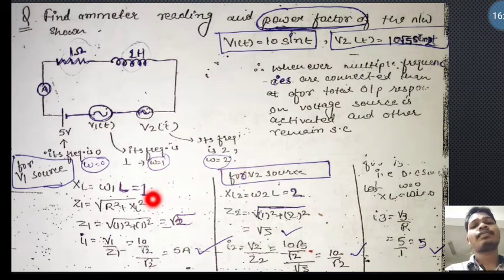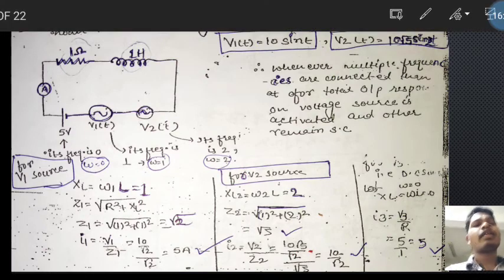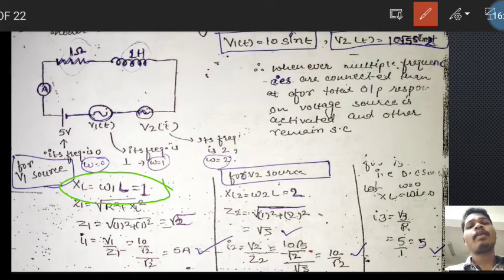Okay, so here XL is equal to omega L. In V1, if we take only this source, XL is equal to omega 1 L, where omega 1 value is 1 and L value is 1. See, L value is 1 and we are short circuiting this and this.